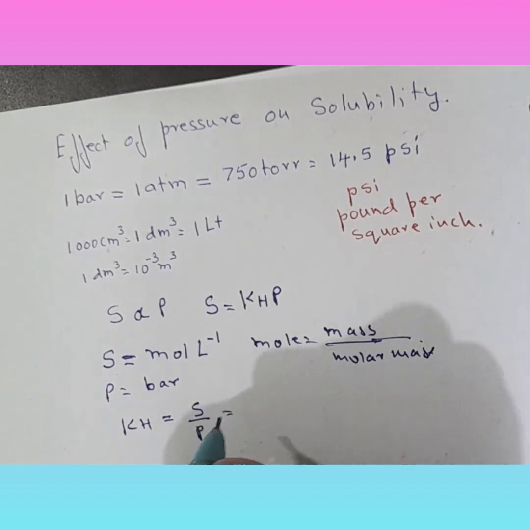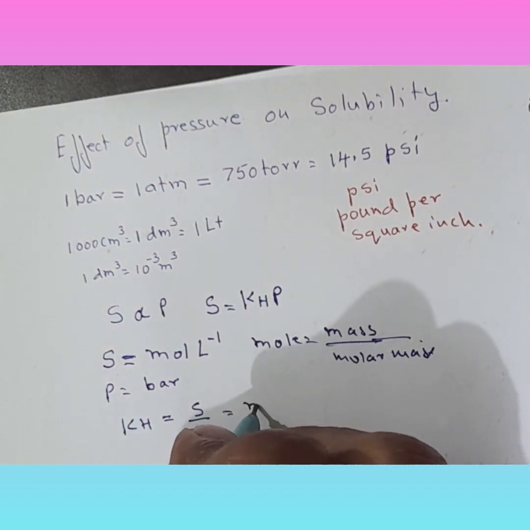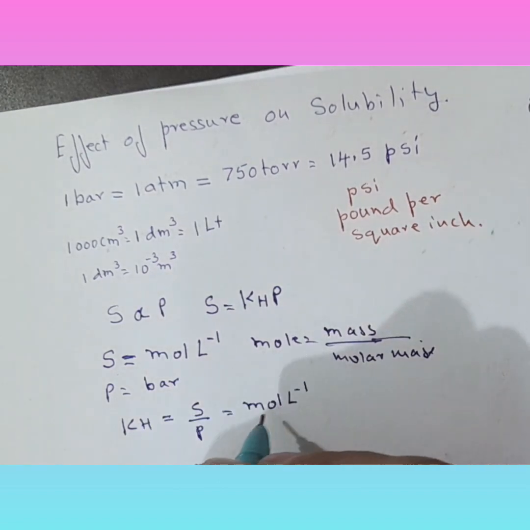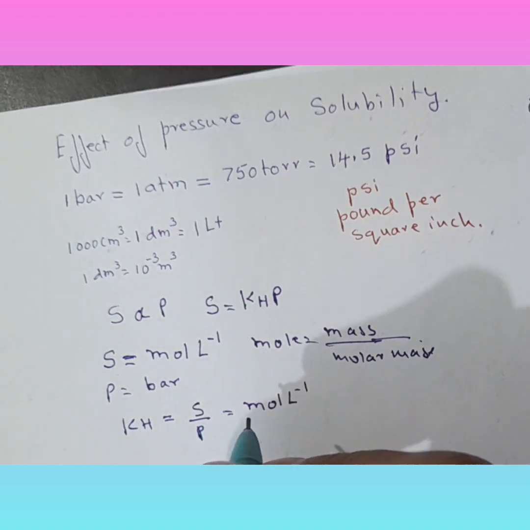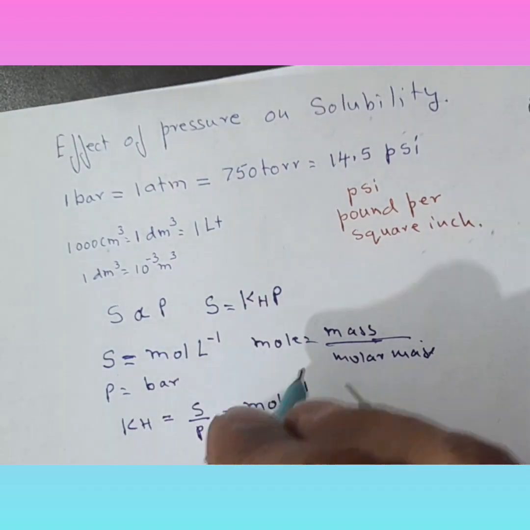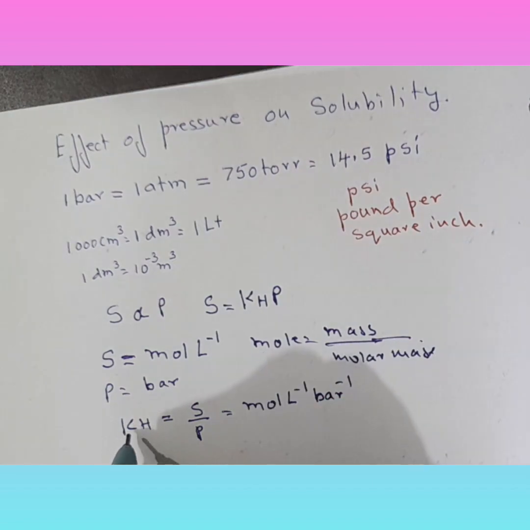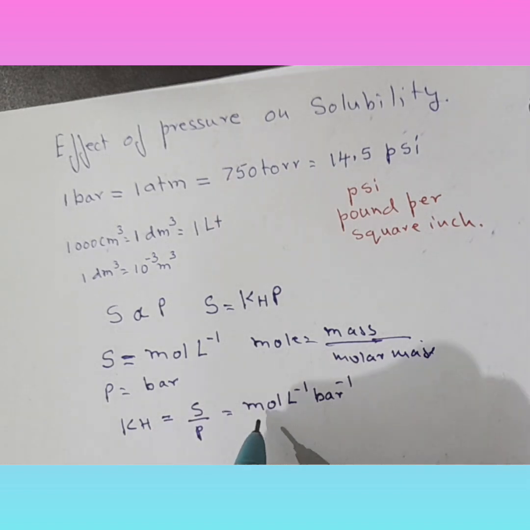Solubility, we know the unit is mole per liter, and below that is pressure, whose unit is bar, so it would be bar inverse. So the unit for Henry's law constant is moles per liter per bar. This is one thing we have got to keep in mind.